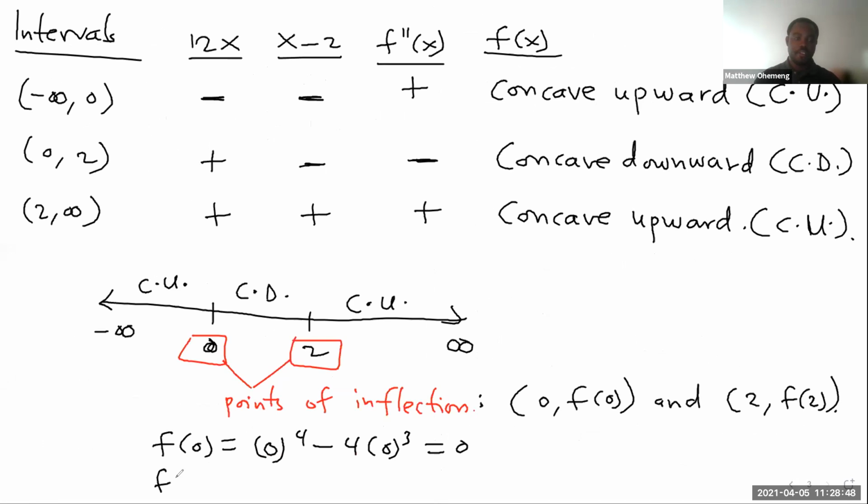And then f of 2 will be equal to 2 to the power 4 minus 4 times 2 to the power 3. For this, I can pull out 2 to the power 3, and then I'll have 2 minus 4. 2 minus 4 is -2, and that will give me -16.